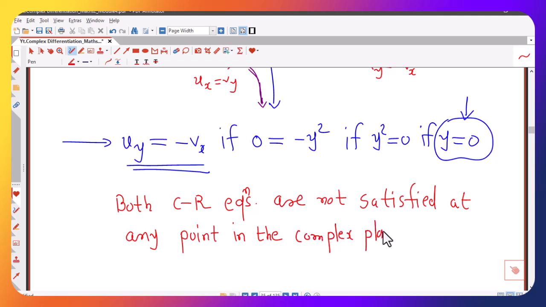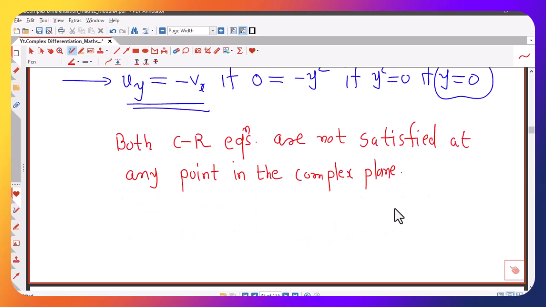So that means the function has no derivative at any point, or f dash z does not exist at any point.